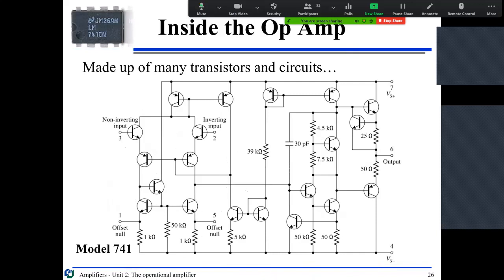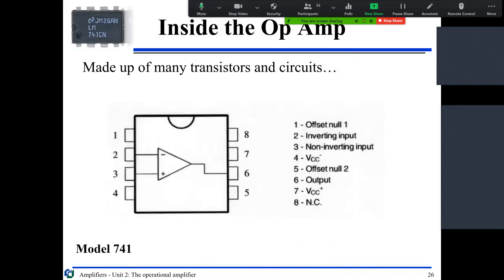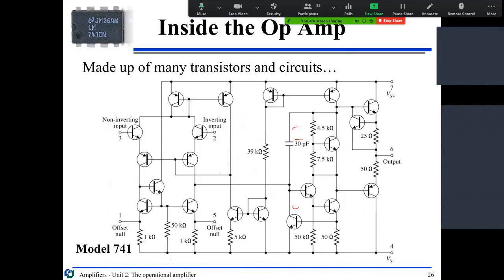I have shown you this, those 8 terminals here, with corresponding numbers in here. So 4 is here, 3 is the offset, non-inverting input, inverting input.